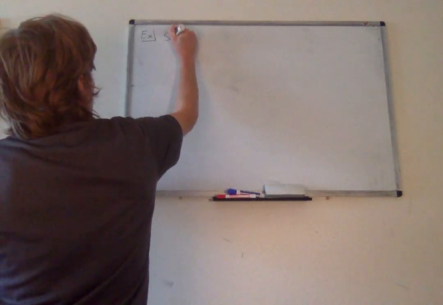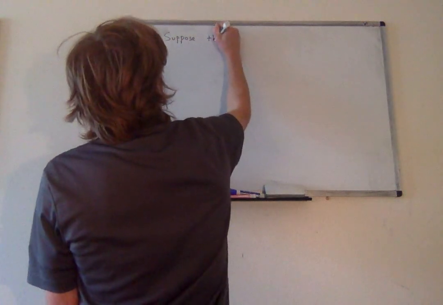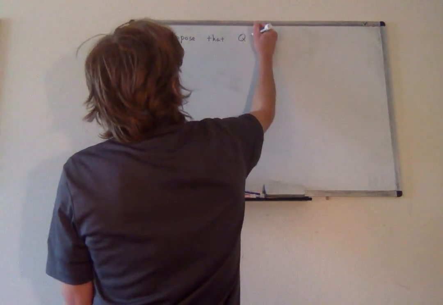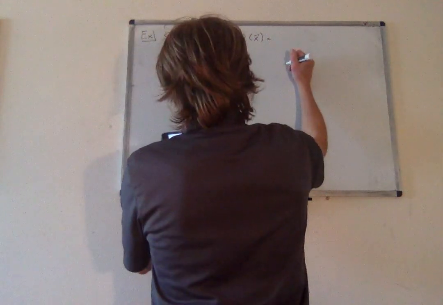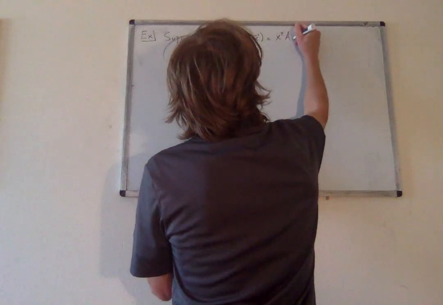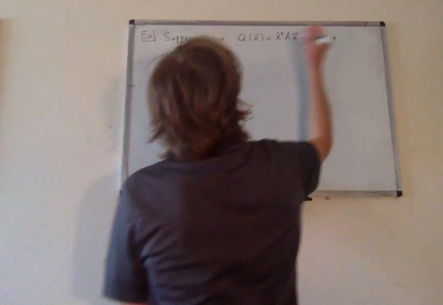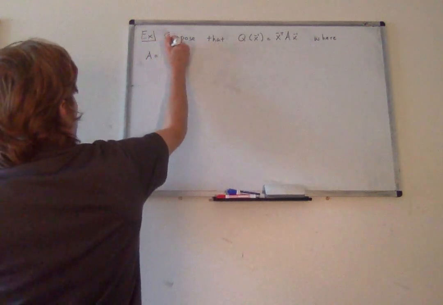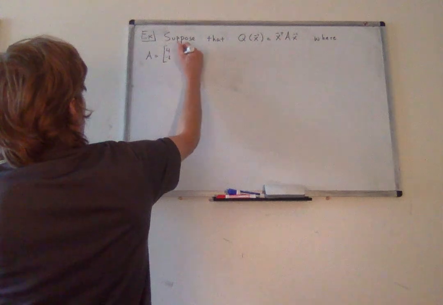So suppose that we've got the following quadratic form, where A is equal to the matrix [4, -2; -2, 4].